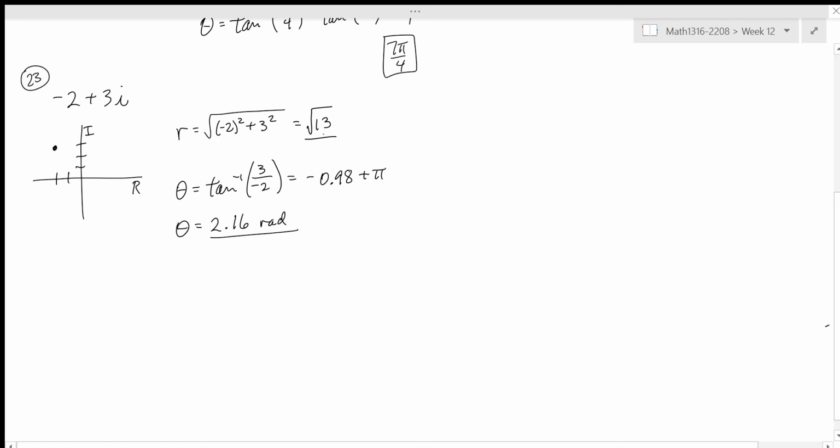Okay, so now that we know r and theta, can I write the complex number in polar form? All right, so here we go. We're going to say z equals square root of 13 cosine of 2.16 plus i sine of 2.16.